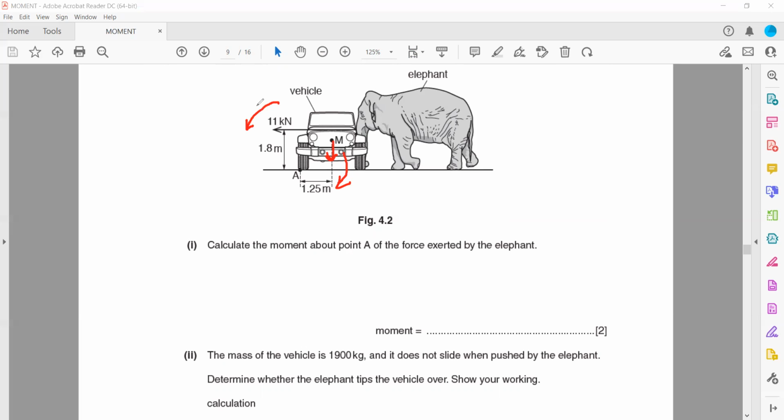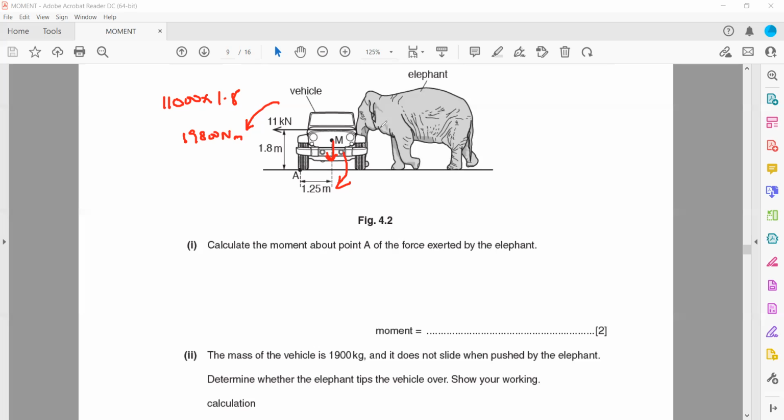The turning effect due to the elephant we already calculated: 11,000 multiplied by 1.8 was 19,800 newton meter.